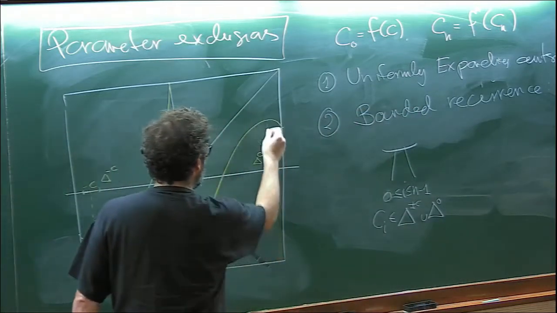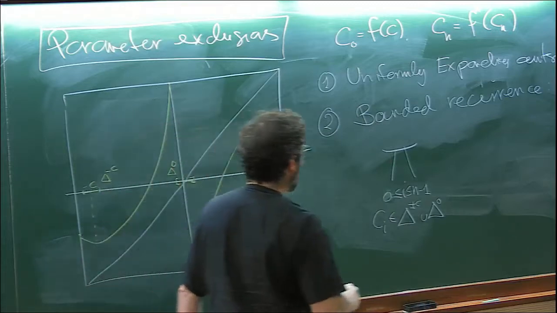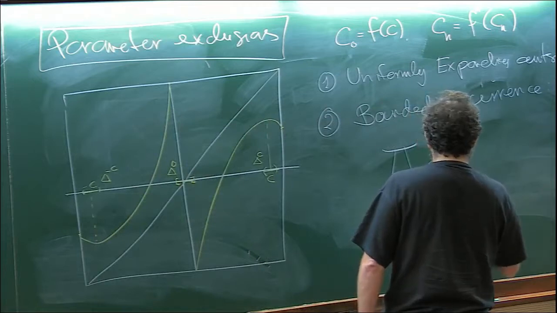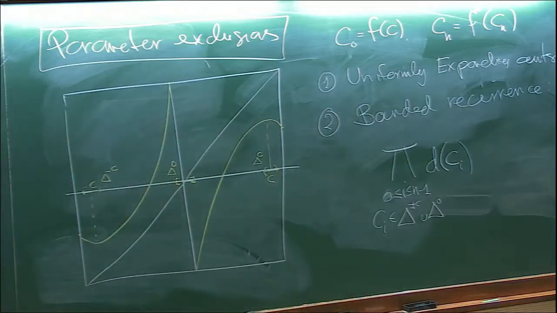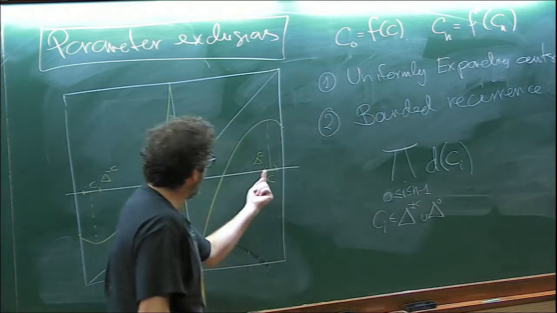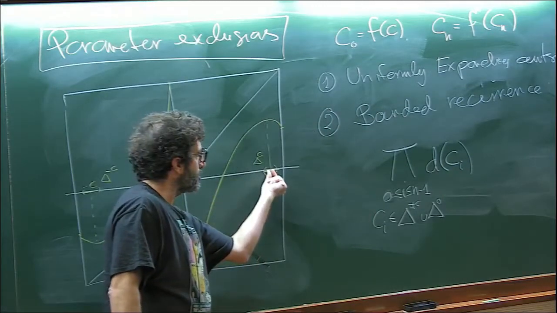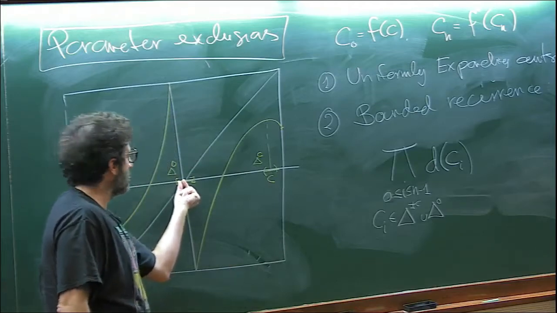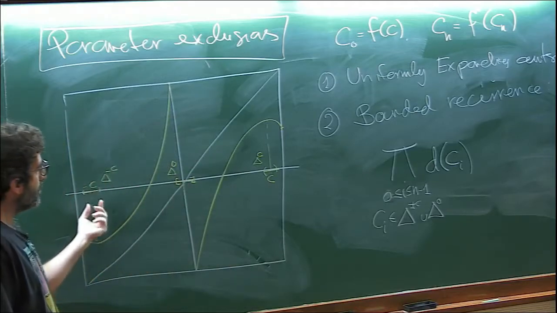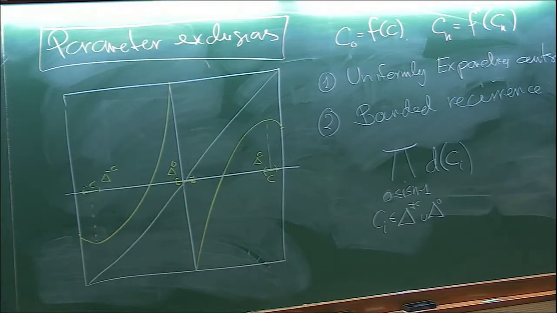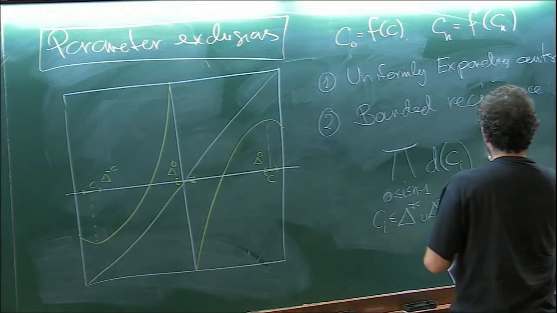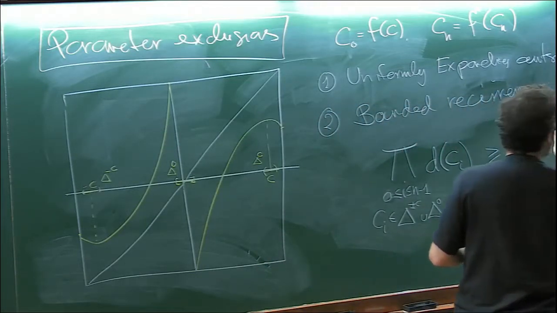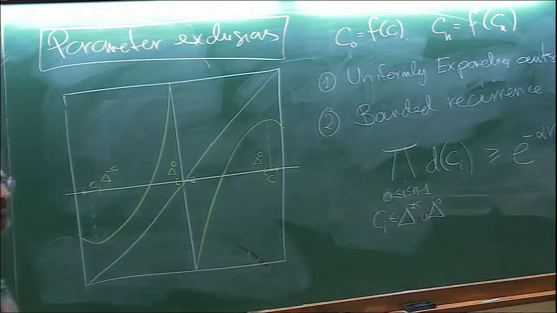When it does, you take the distance: if Ci falls in delta C, you take the distance to the critical point; if it falls inside delta 0, you take the distance to the singularity. What is important is the distance, and we want that this product is greater than or equal to e to the minus alpha n, for some alpha that can be chosen small.